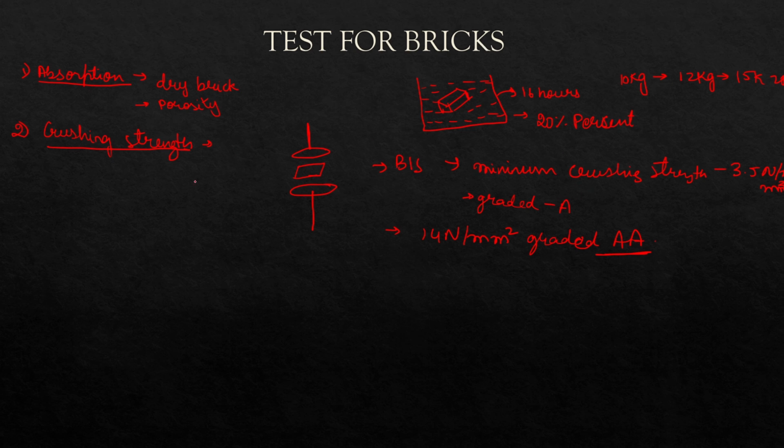Crushing strength is nothing but compressive strength of a brick. If it's below 3.5, then the grade decreases to B, C, D alphabetically. Next test is hardness.